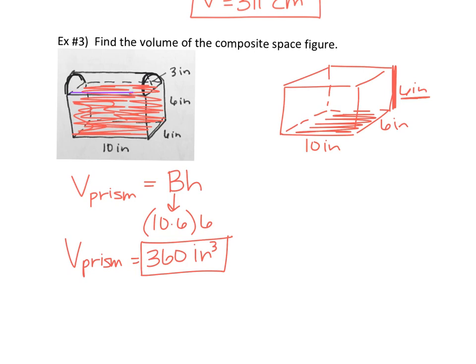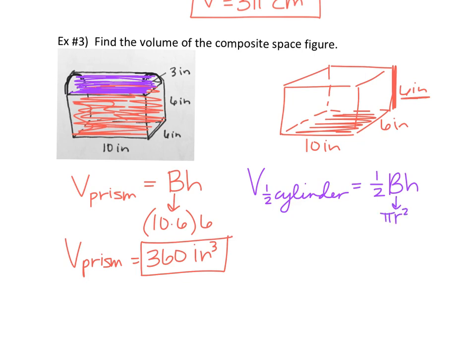Okay, but then we also have a half cylinder. If you look here, this figure, half of a cylinder, we also need to find. So the volume of half of a cylinder: if you think about the formula for a cylinder, it's B times H, but we only want half of that, okay? Remember, B is going to be pi r squared times H times a half, okay?